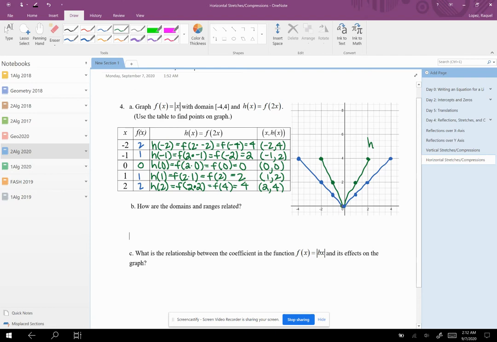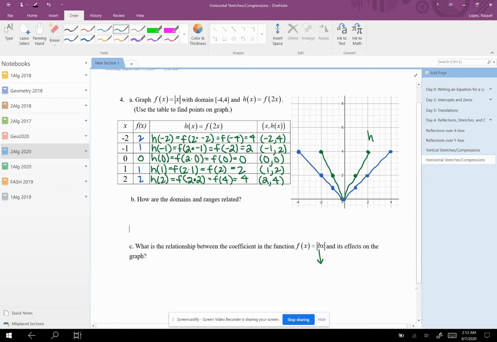I'm going to skip the domain and range part really quick because I want to talk about what that 2 inside our parentheses, inside our function, did for us. So this b, or that 2 that we were using and multiplying over and over again, ended up being a horizontal compression.